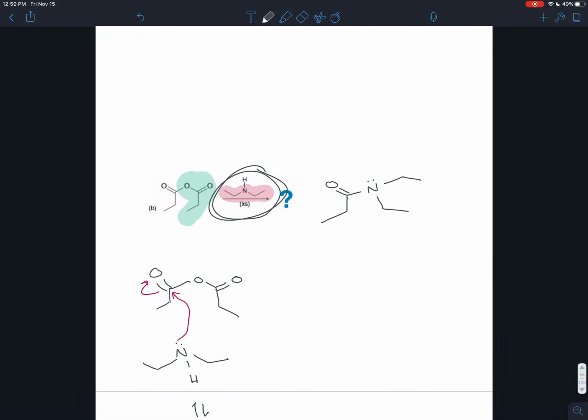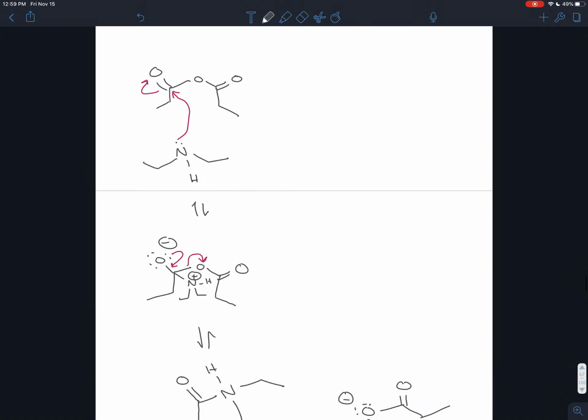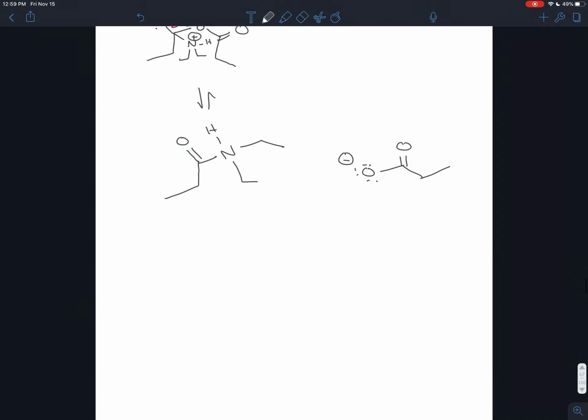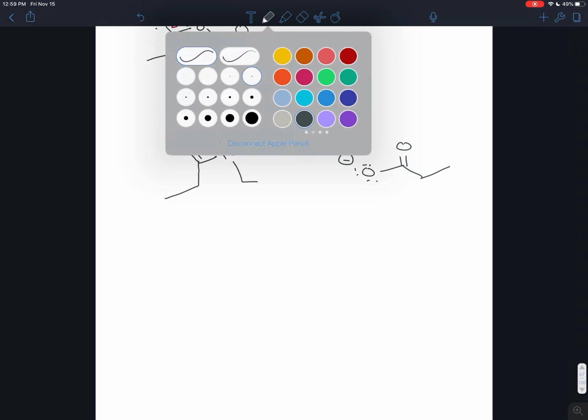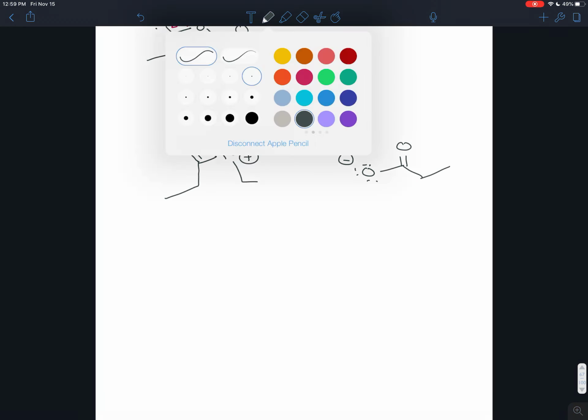You have excess of this nitrogen, this amine, this diethylamine, because it can act as a base. So the lone pair on that nitrogen can come by, steal this hydrogen. The nitrogen here had 4 bonds, and so a full positive charge.